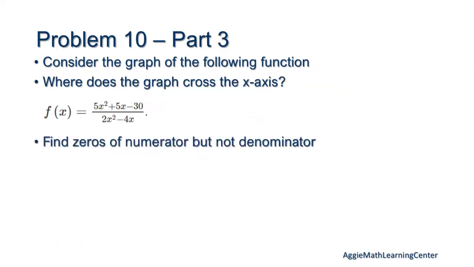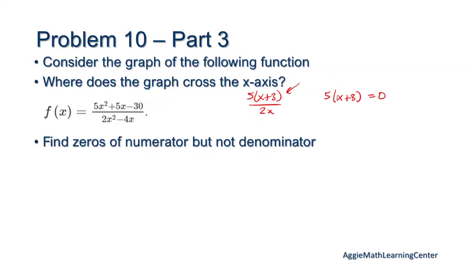And then, where does the graph cross the x-axis? For this one, we will need a reduced form because there might be a hole. So we have 5(x plus 3) over 2x. And we have an x-intercept, and we only look at the numerator. So we can ignore the denominator. Set that equal to 0.